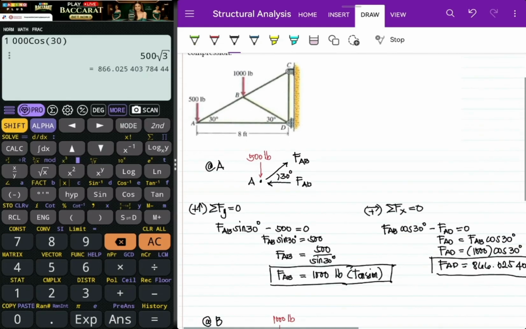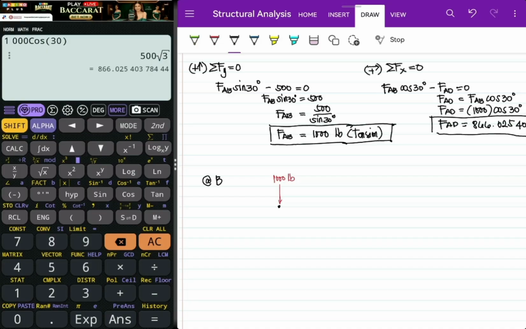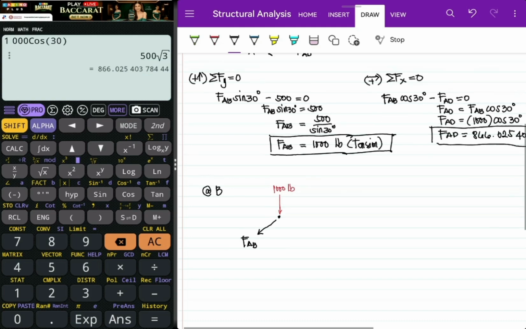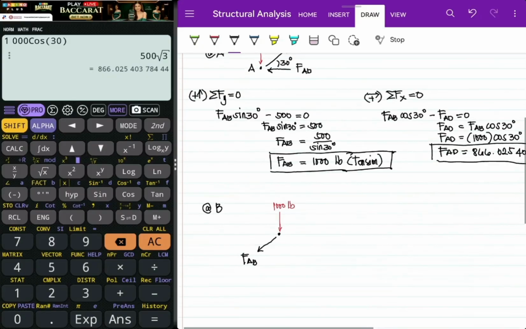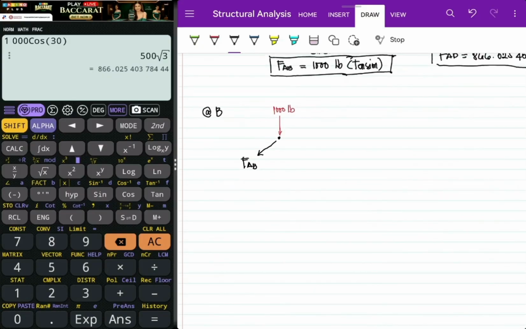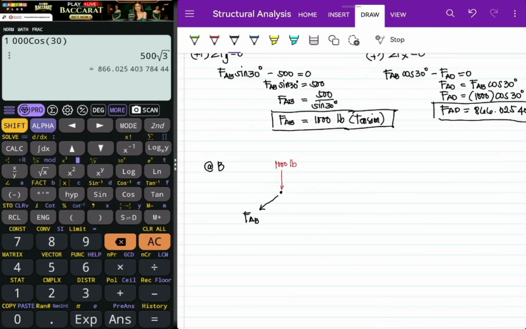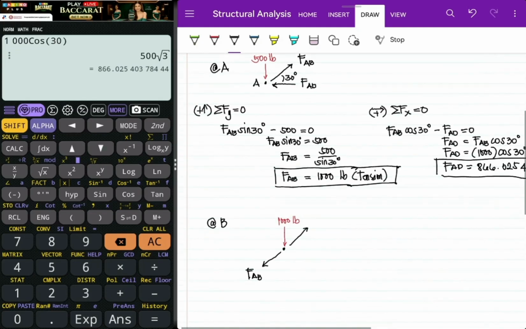Next, AB is tension, so from your joint B, it is away from joint B. This is force AB. And then, assuming forces BC and BD as tension. You might be wondering, why assume that our BC and BD are in tension?